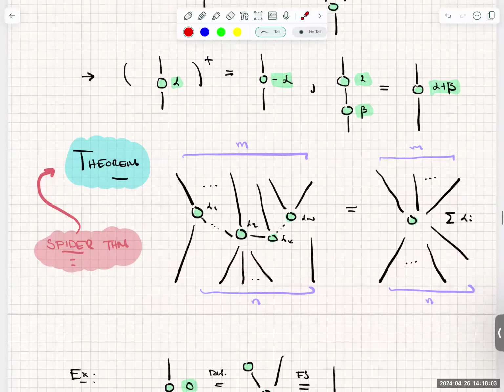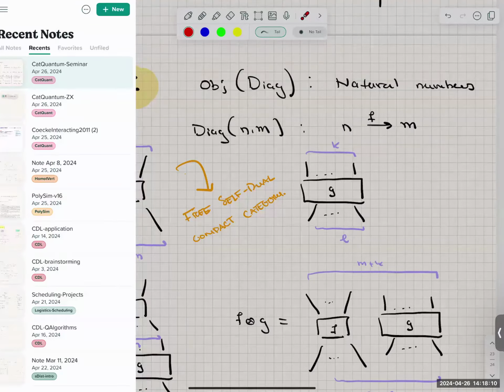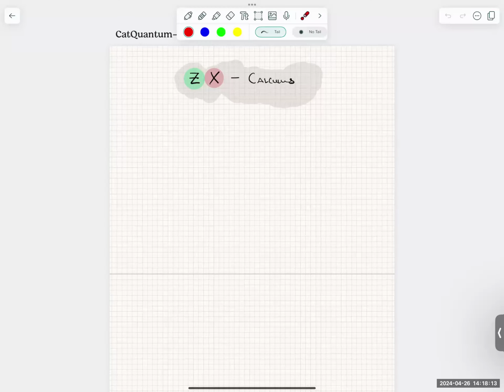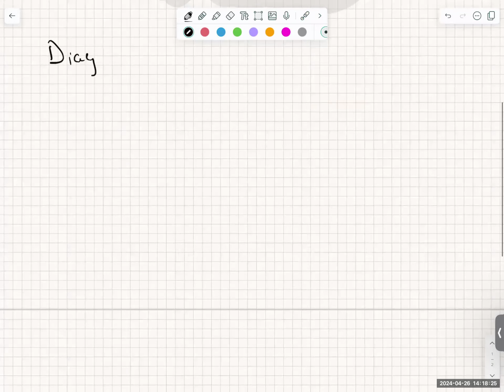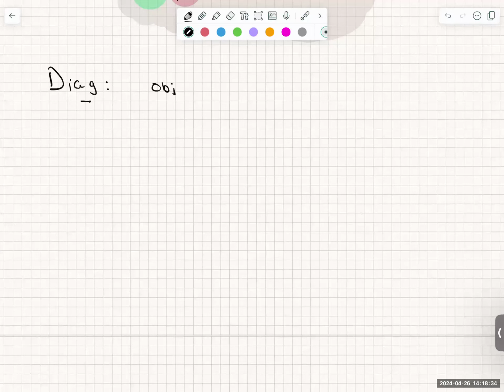Okay, so let's introduce this category with objects of diag being given by natural numbers.